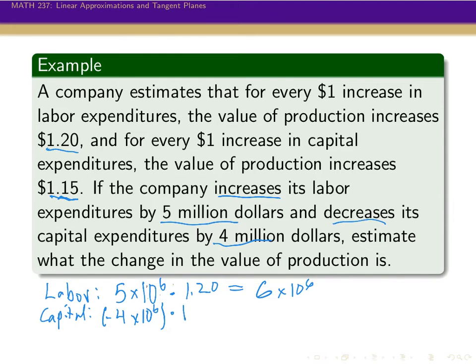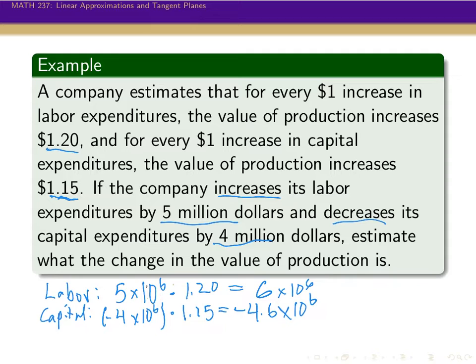So we multiply this by 1.15. And what is 4 times 1.15? Pulling out my calculator. That gives me minus 4.6 times 10 to the 6th.